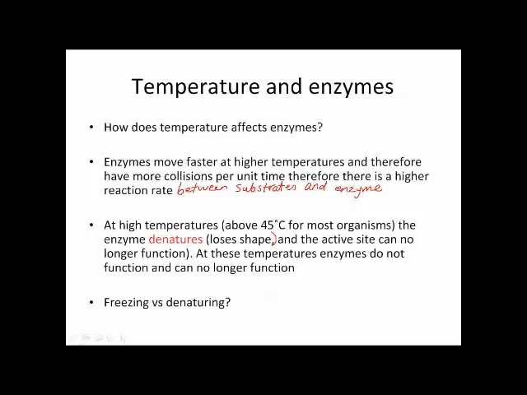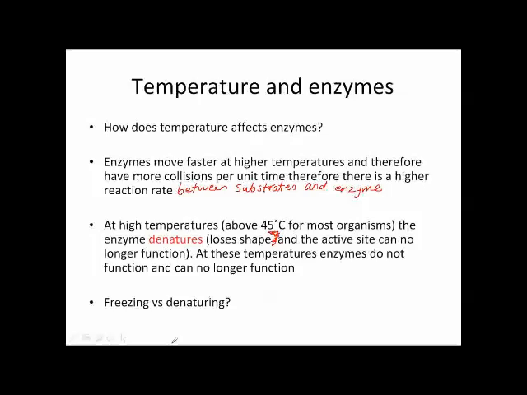When it loses shape, the active site can no longer function. So at high temperatures, the enzyme denatures. What I mean by denatures is the enzyme loses shape and the active site no longer functions.